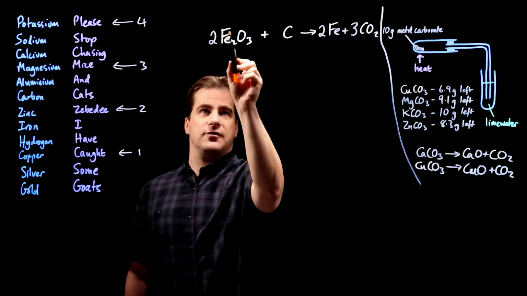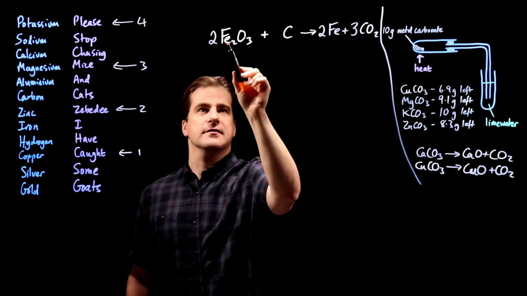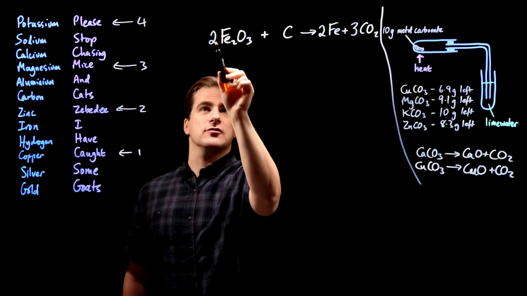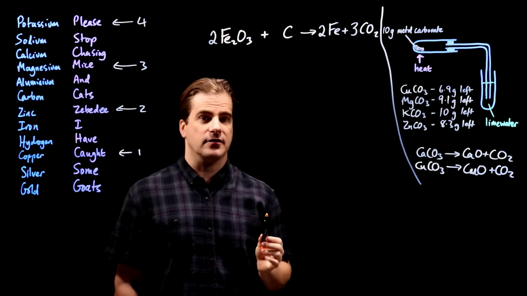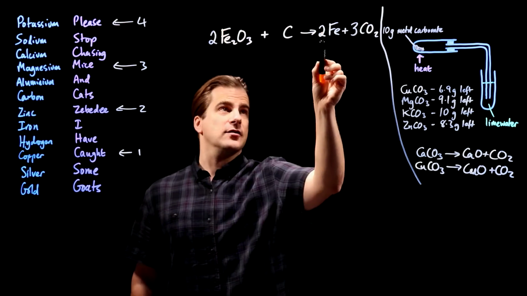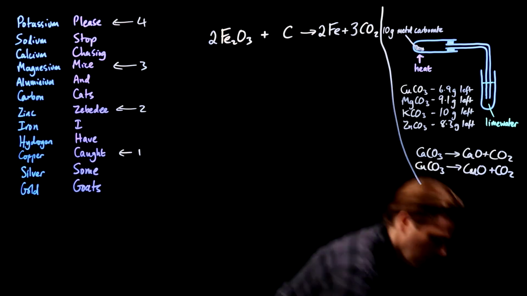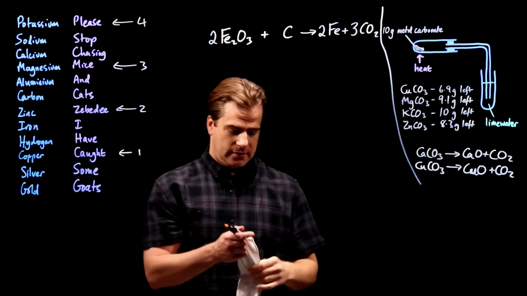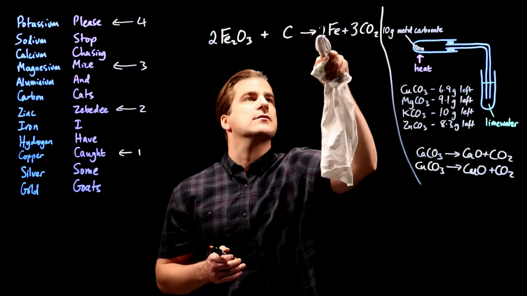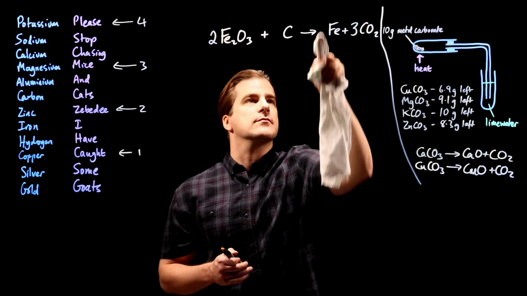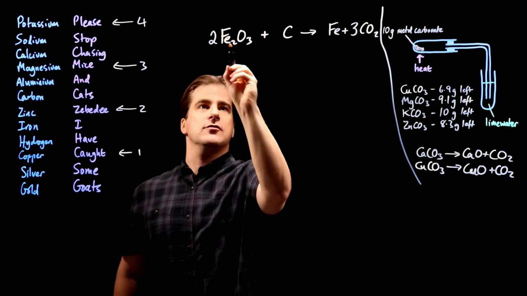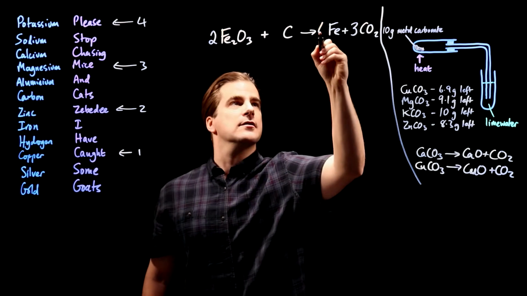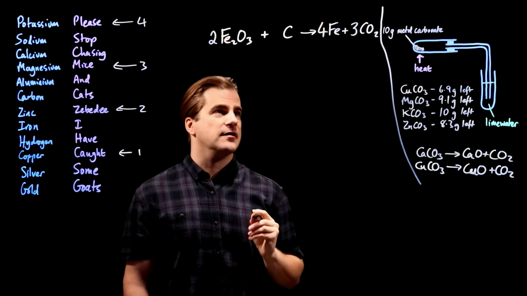But that 2 is interfering, well, multiplying the irons. We've now got 2 times 2, we've got 4 irons on the left, which means that 2 is now wrong. So what we do is change it into a 4. Okay, 2 times 2 on the left. So now we'll change that into a 4.